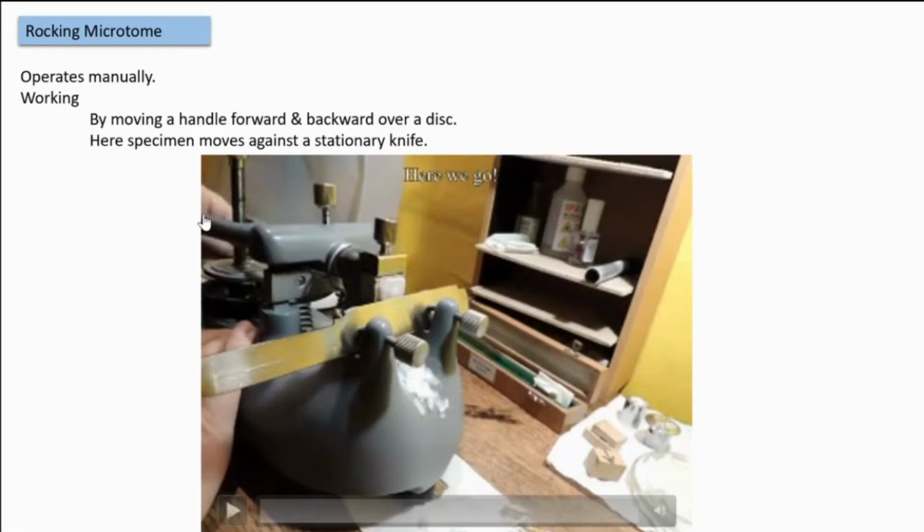By moving the handle over this disc, we can move the specimen. Here the knife is stationary, and the specimen moves across the knife to obtain thin sections. Let us see this video of how the rocking microtome works.